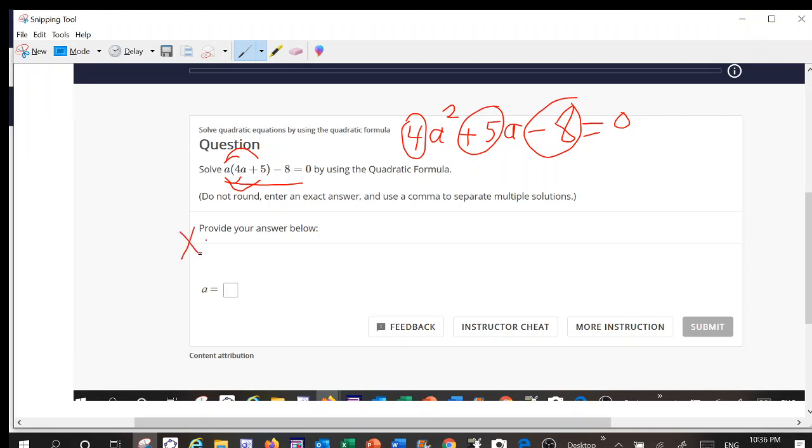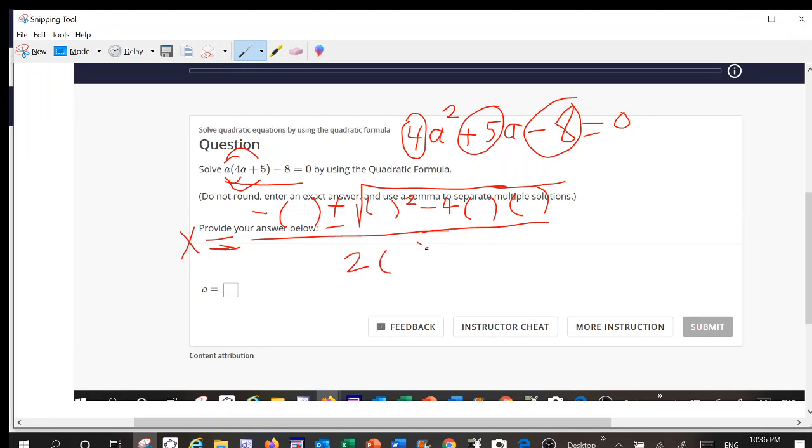So we just put them in the formula. So it's negative b plus or minus the square root of b squared minus 4ac over 2a. So we just substitute b here and b here, and 4a has to be a, c, which is negative 8.